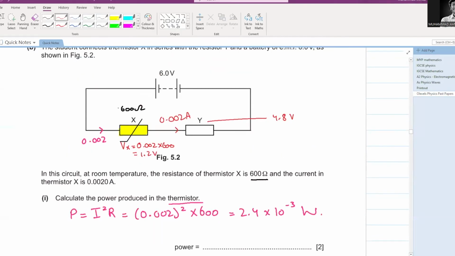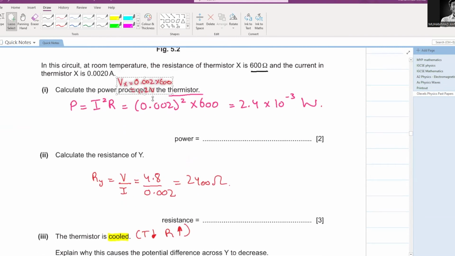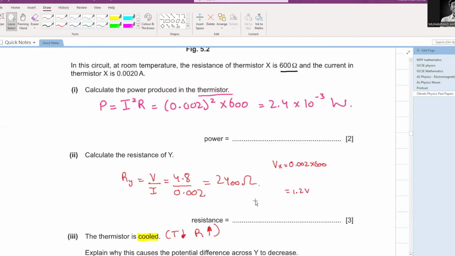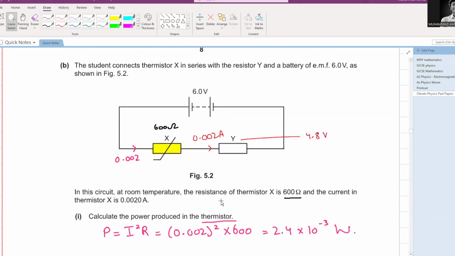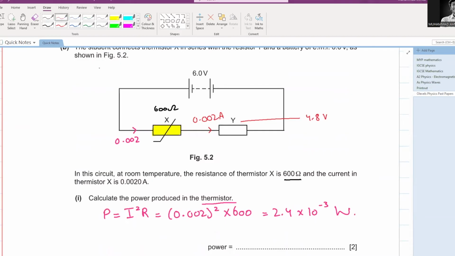If the thermistor is cooled, I will take this working to the previous part and keep the working here. Now the thermistor is cooled. The resistance of thermistor will increase. Let's say this will go from 600 to 700 ohms.